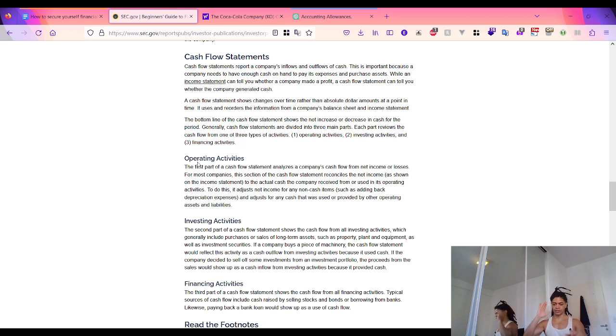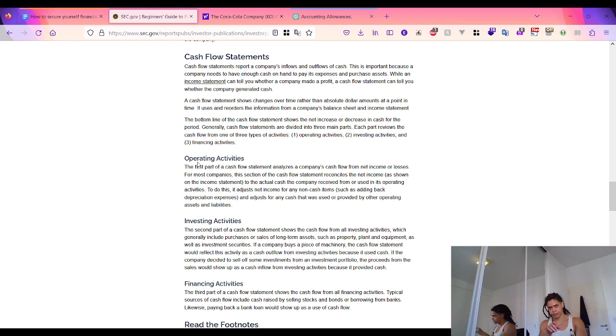That's what it does: it analyzes and then reconciles.